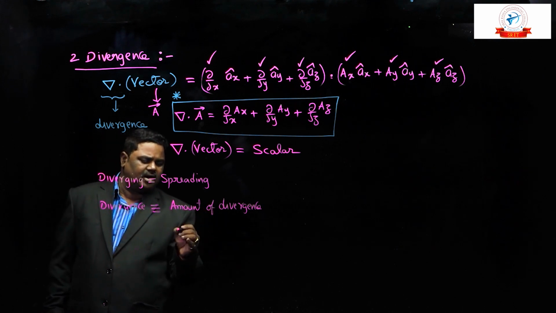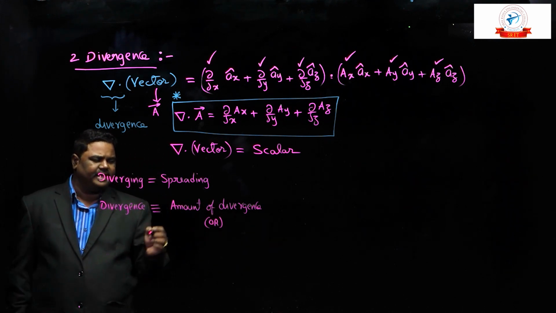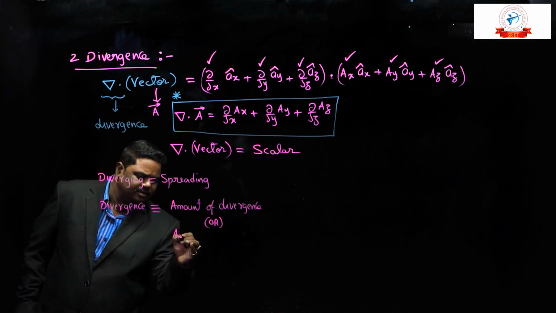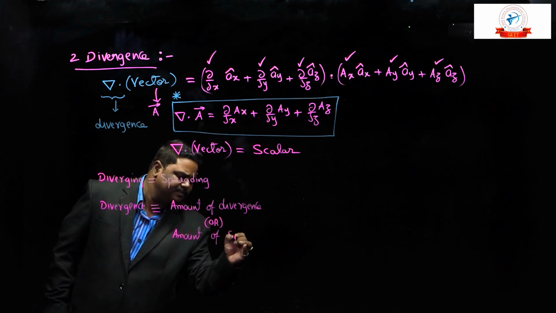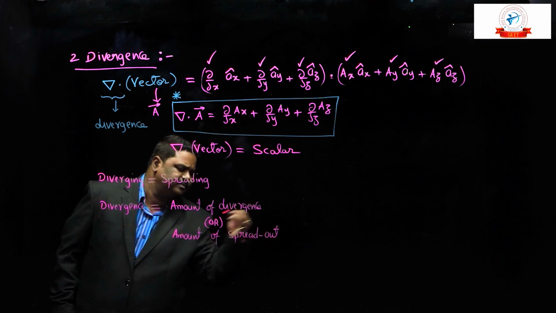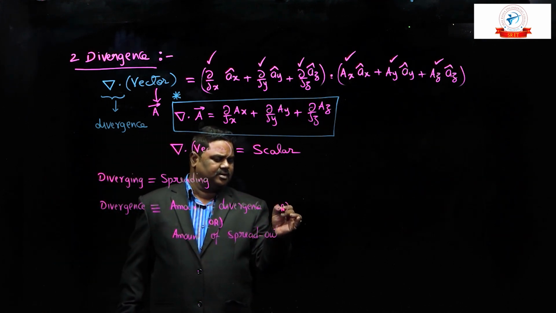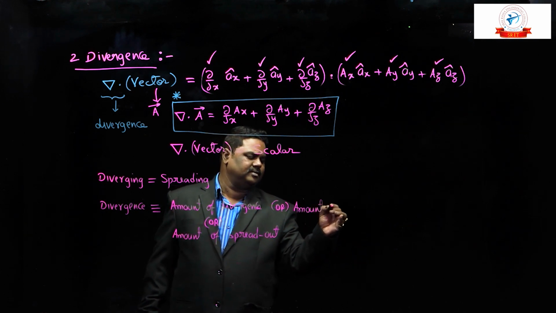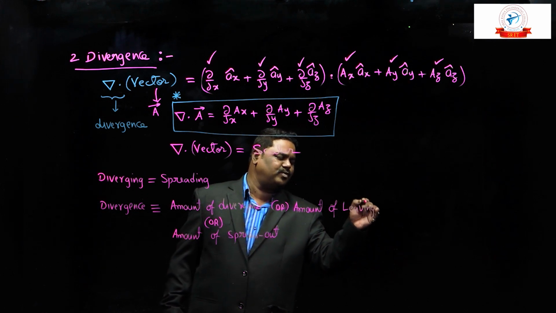Or when we apply the divergence formula on any physical or vector quantity, it finds the amount of spread out, or the amount of leaving, or how much is leaving.